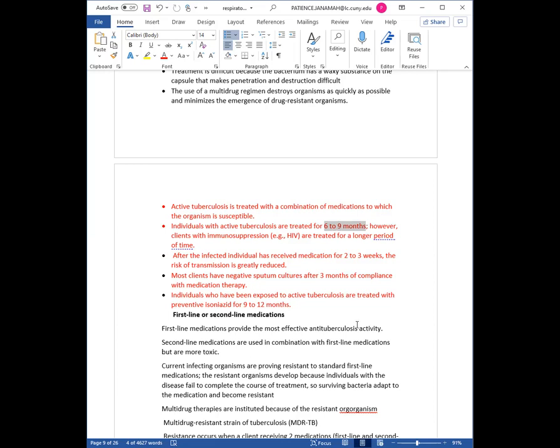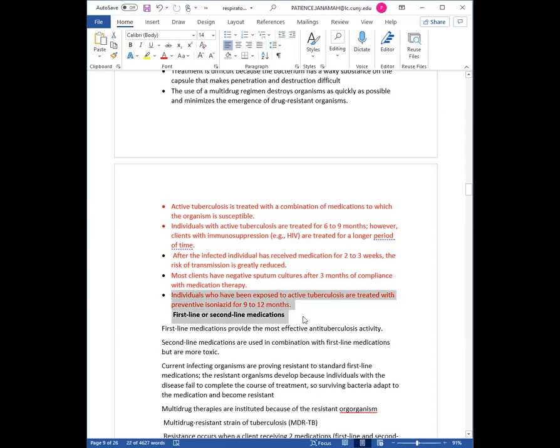After 3 months your sputum culture will be negative, but you still need to continue the medication for up to 6 or 9 months. Every 4 weeks they do the sputum culture, and it is negative, but you can't stop until the 9 months are up. You still need to follow the regimen.